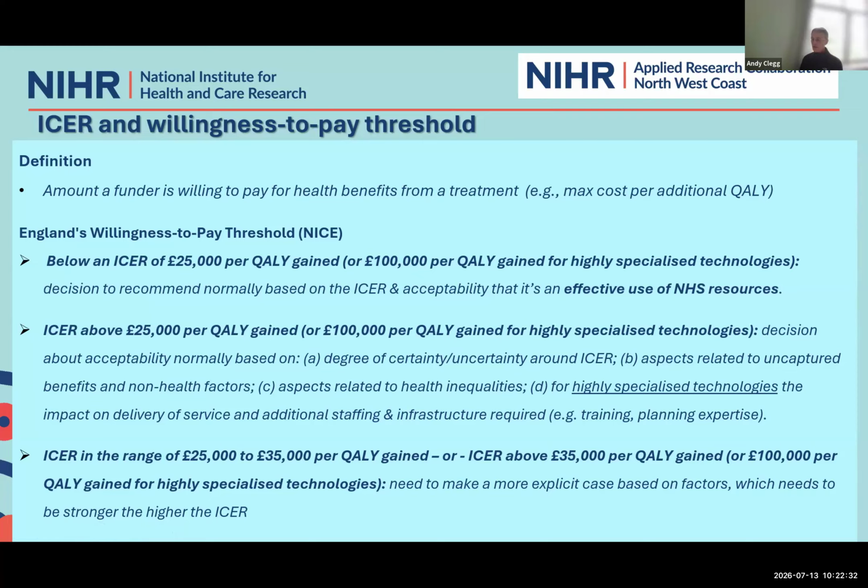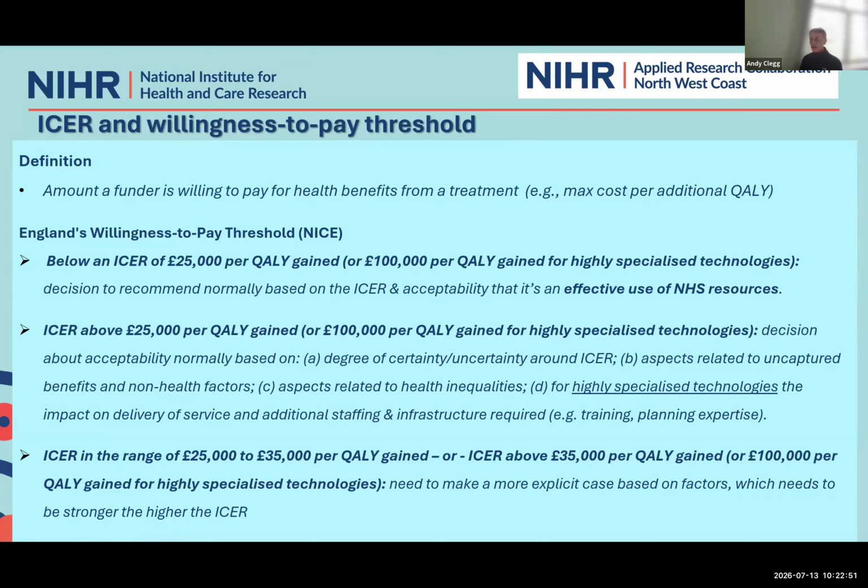Anything below £25,000 per QALY for a standard health intervention, not one associated with highly specialised technologies, is nearly always seen as being a good, effective use of NHS resources.